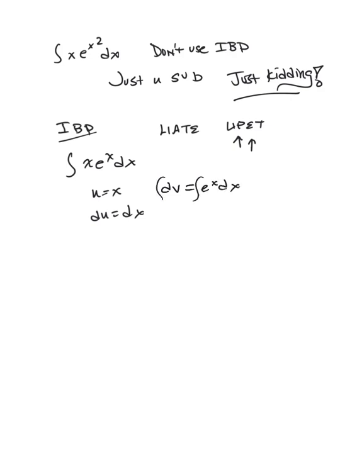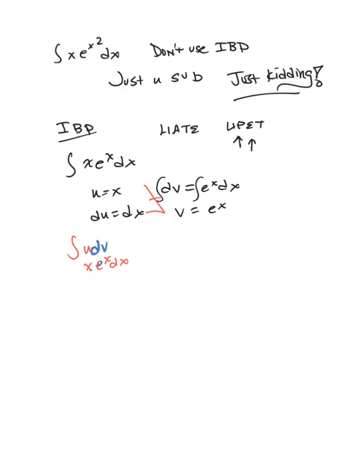Integrate these. V equals e to the x. Okay, lucky number 7. You're going to hear me saying this a lot. Lucky number 7. So the integral of u dv, right, which is x e to the x dx.